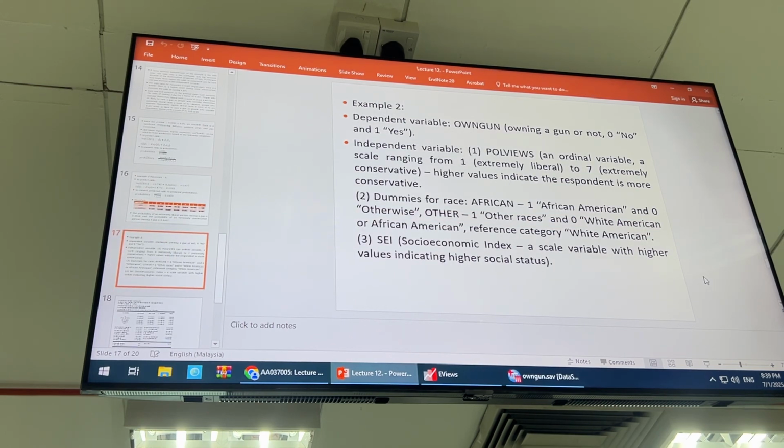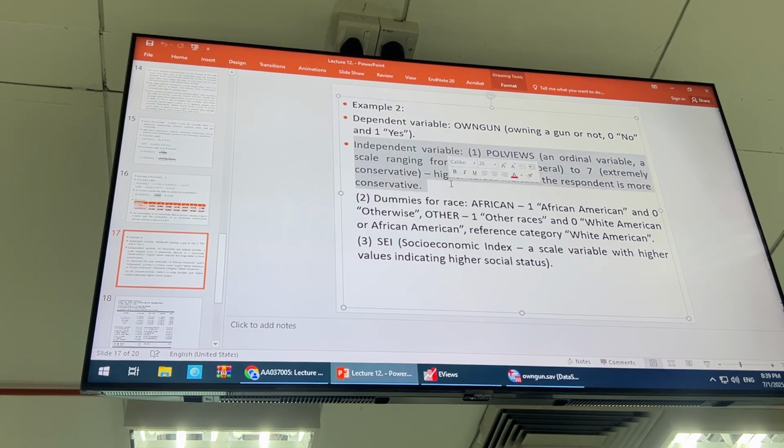Now another example. Let's say we add more variables, so in addition to political views, we also add race. Because political view is ordinal, we can directly include that in our model.